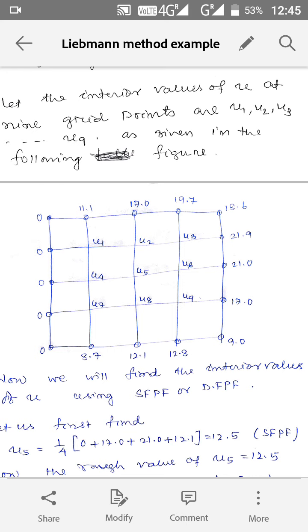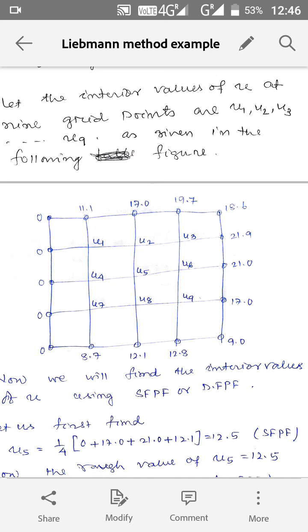If I want to use the standard 5-point formula, u2 and u4 are unknown, so I cannot get u1 explicitly. Suppose I want to use the diagonal 5-point formula. The diagonal values passing through u1 will be 0, u5, 0, 17.0. So again u5 will be there, so I cannot get u1 explicitly. So for that purpose I cannot consider u1.